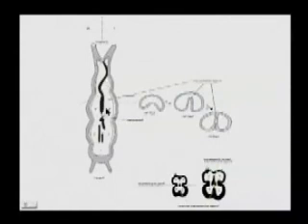So what we're seeing here is a cross section through the ventricle, and we see 28 days, 35 days, and 56 days.